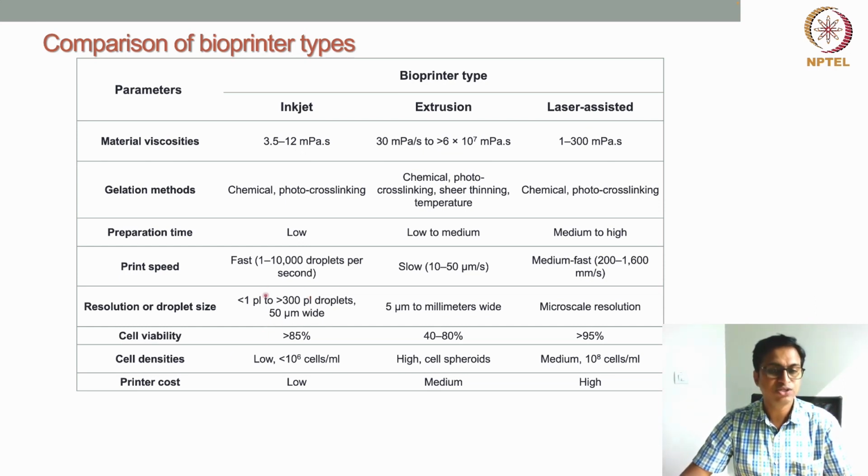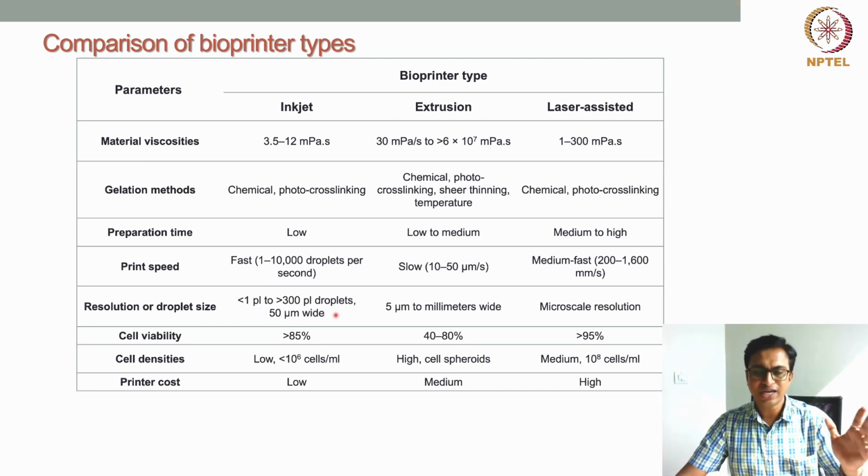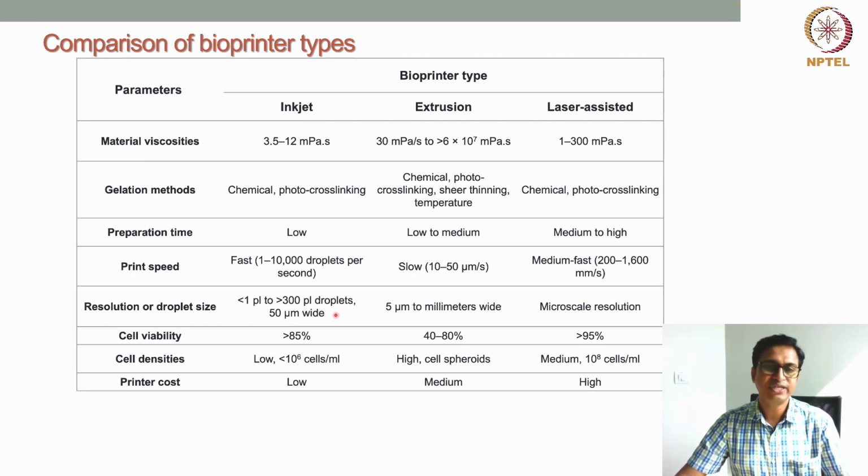That's why the resolution is very fine, and with these fine droplets we can create a very nice pattern of these different cellular constructs. That's why inkjet printing is a very popular technique for cell patterning. We have also discussed this in our inkjet printing lecture, that's why inkjet printing is used for patterning cells, DNA, and other different types of things.